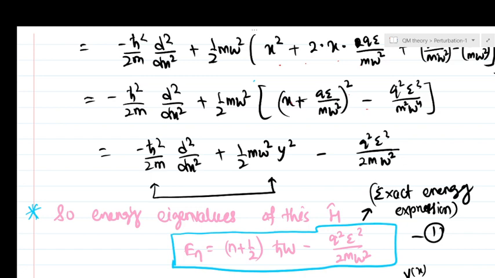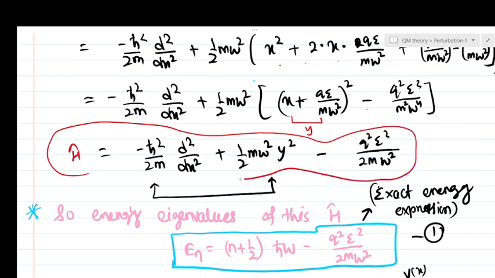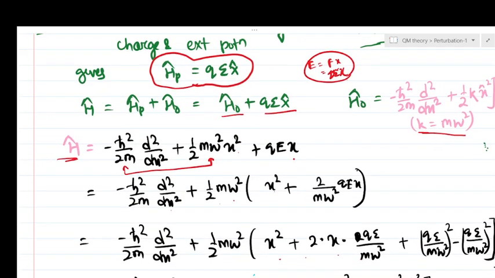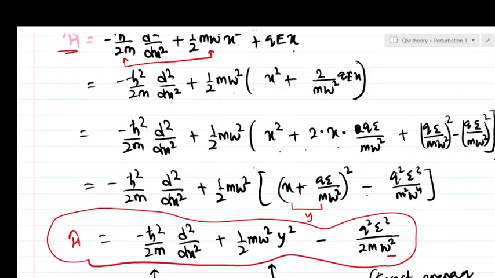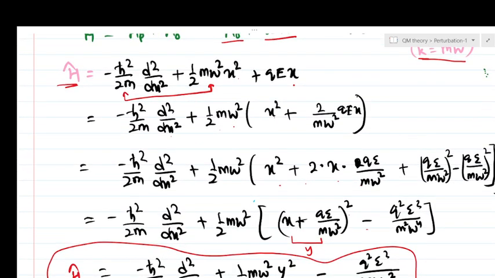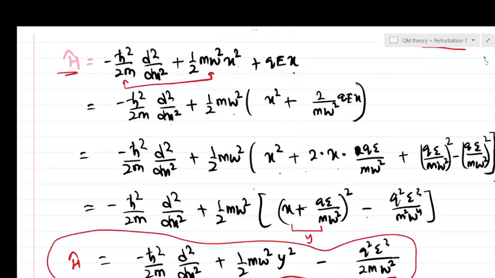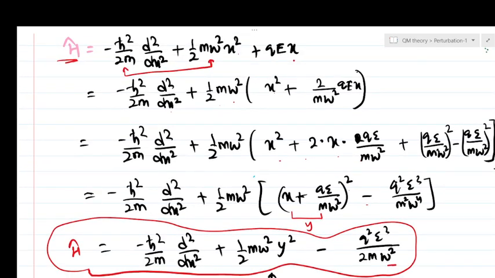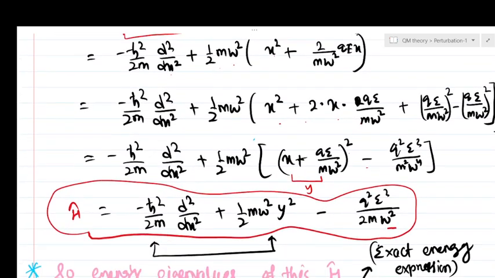If you replace this term with y, then the Hamiltonian is this, and one constant term is subtracted, that is q square E square by 2m omega square. This is simply the derivation, so you can see it from this video. I am not explaining it in detail, I am writing it out totally, so you can see.